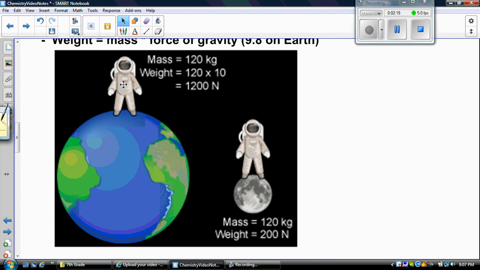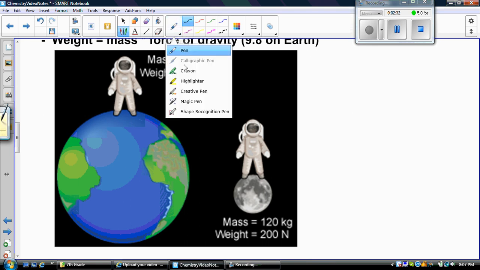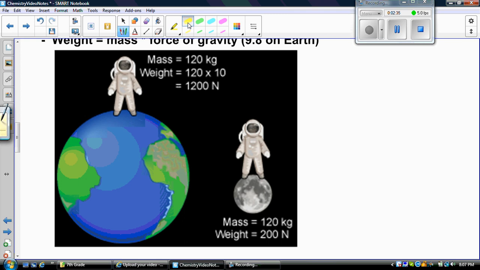On Earth, this astronaut has a mass of 120 kilograms. That same astronaut goes to the moon. Notice the mass is still 120 kilograms. Okay, so notice the mass does not change as you go from Earth to the moon.